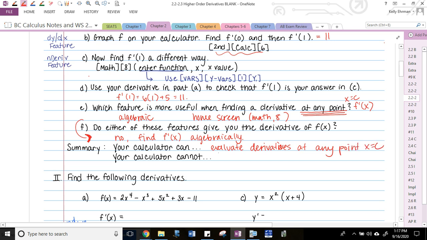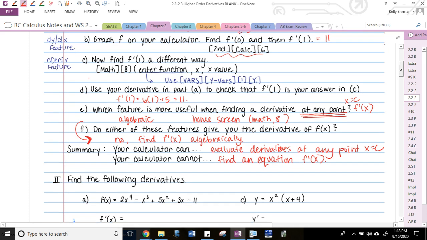Your calculator cannot find an equation f prime of x. At least the 84s can't. I don't know about the Inspires and all the other fancy ones.